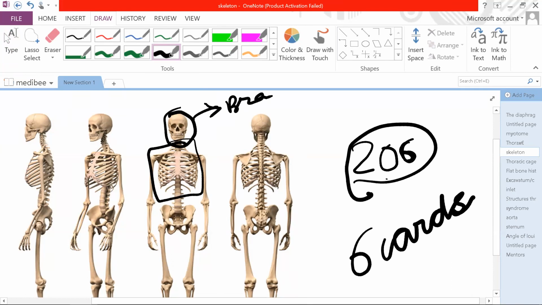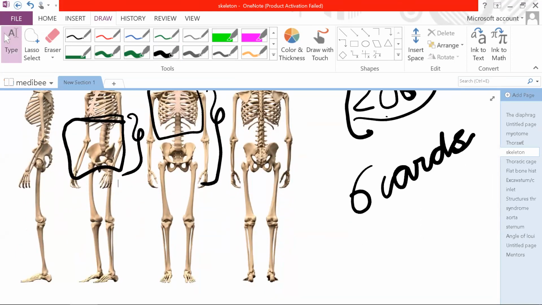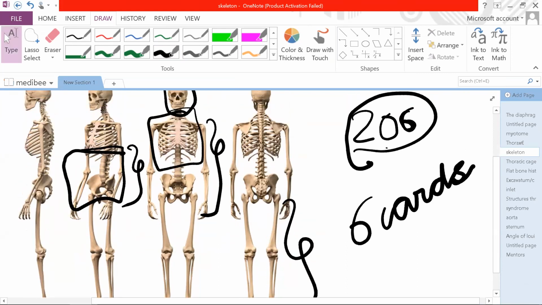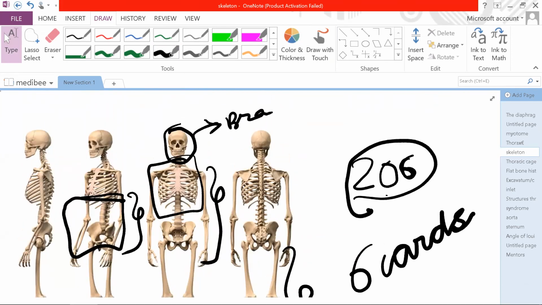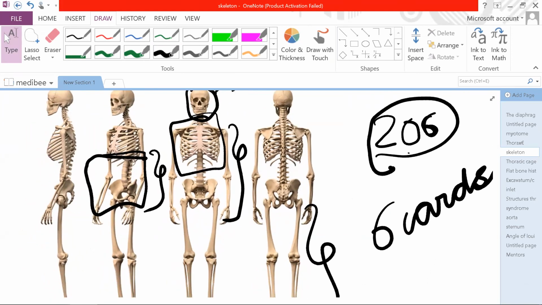Another card will be from this part, known as the upper limb. The next card will be this region, which is abdomen, and the remaining portion is lower limb. So you have to go through 6 cards in anatomy, consisting of brain and eyeball, head and neck, thorax, upper limb, lower limb and abdomen.